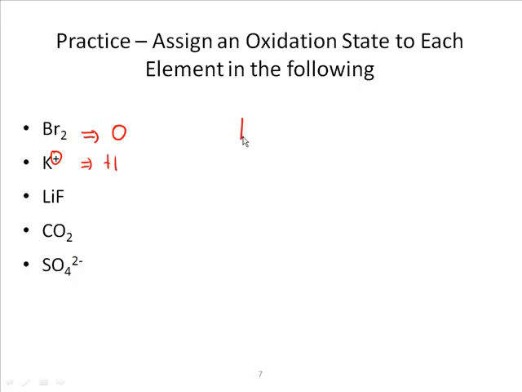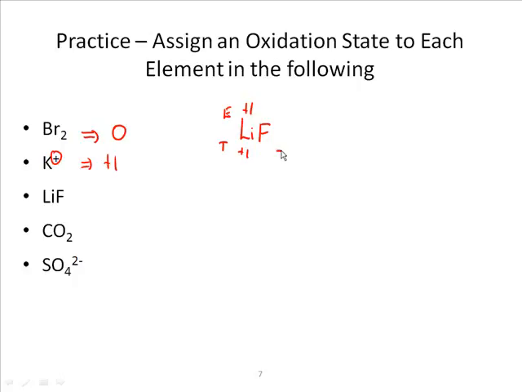For the lithium fluoride, I like to create a little table and do each and total. We know that lithium has a +1 charge because it's in group 1, and we said one of the rules was metals in group 1 always have a +1 charge.